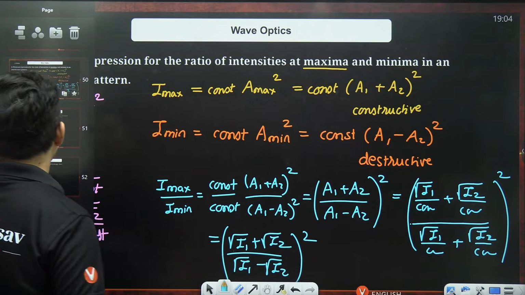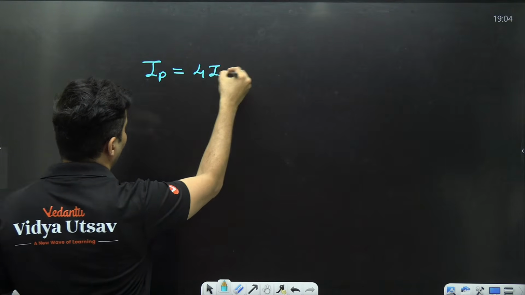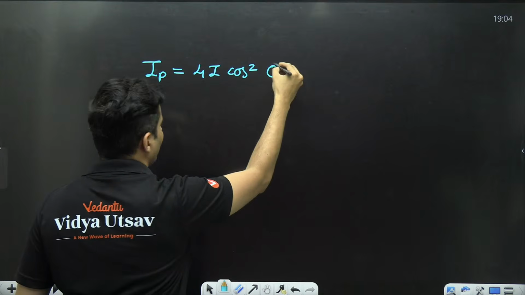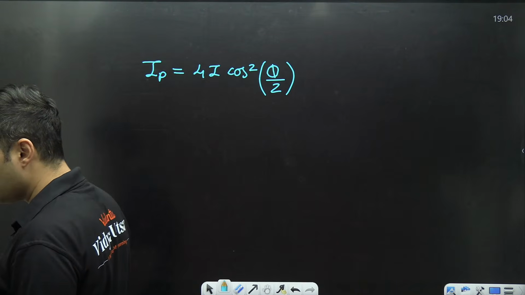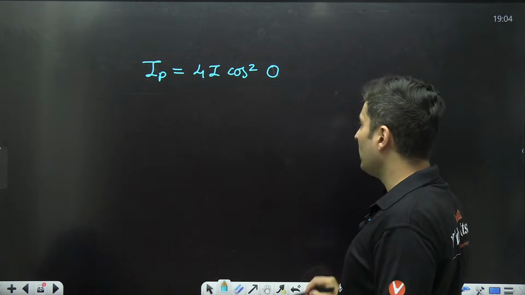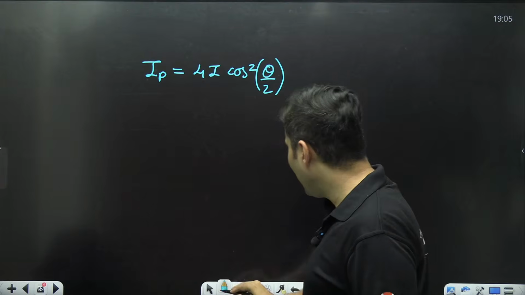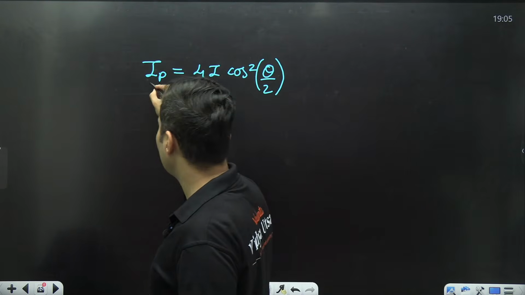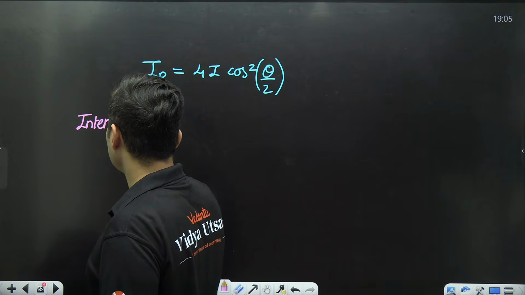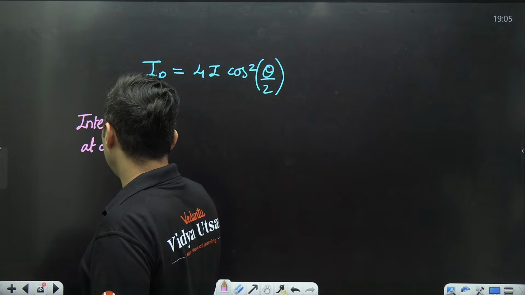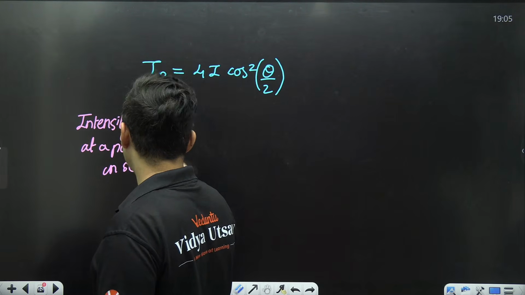That formula which many of you might have seen, sir, intensity at any point is 4I cos square phi divided by 2. Have you seen that formula? 4I cos square, sometimes theta by 2 also they put. That's fine. Do you know what this intensity is and what that intensity is? This is the intensity at a point on the screen.